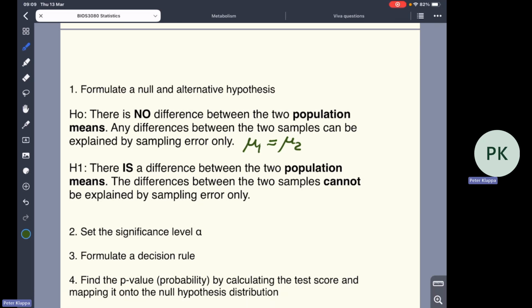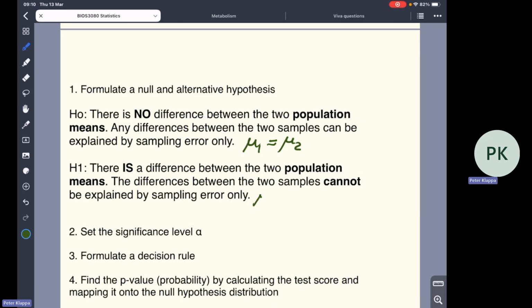Mu1 equals mu2. Now, H1, our alternative hypothesis. I told you we can write that in different ways, and it has different implications. The most common one, and I want to encourage you to use the most common one, is where the null hypothesis says there's no difference, and the alternative means there is a difference.